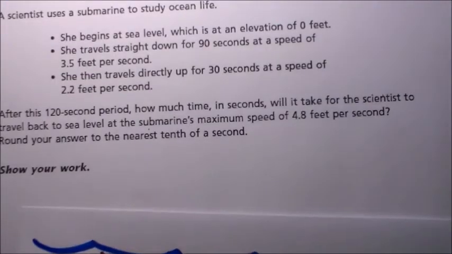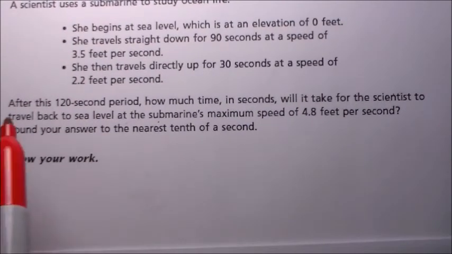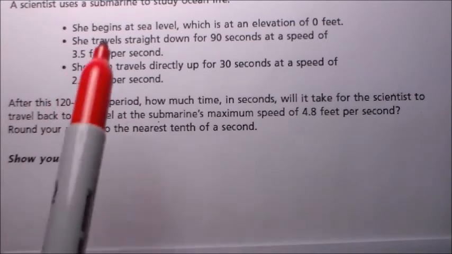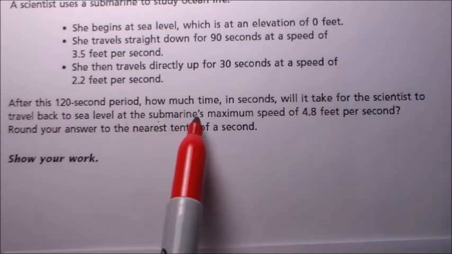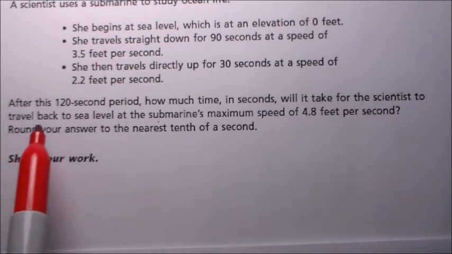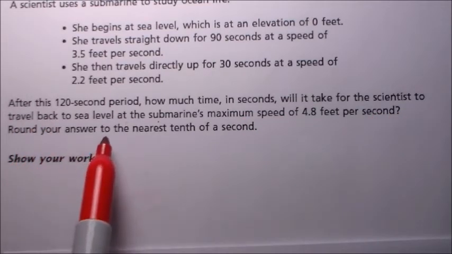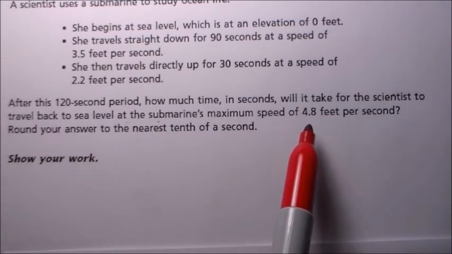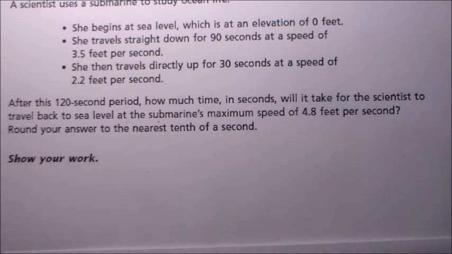And why is that important? Well, let's read on. After this 120-second period where you go down and then back up, down for 90, up for 30, how much time in seconds will it take for the scientists to travel back to the sea level at the submarine's maximum speed of 4.8 feet per second?